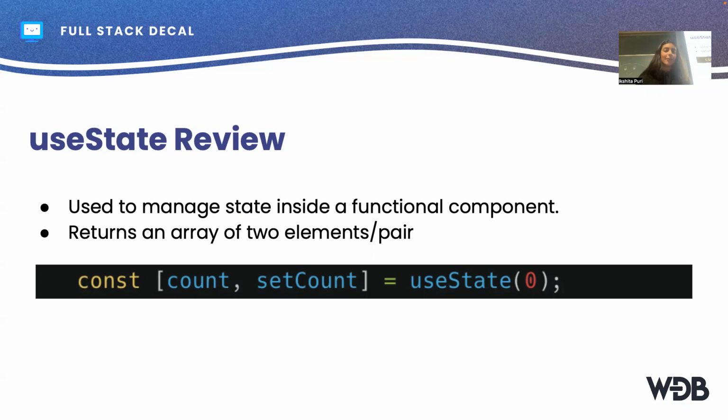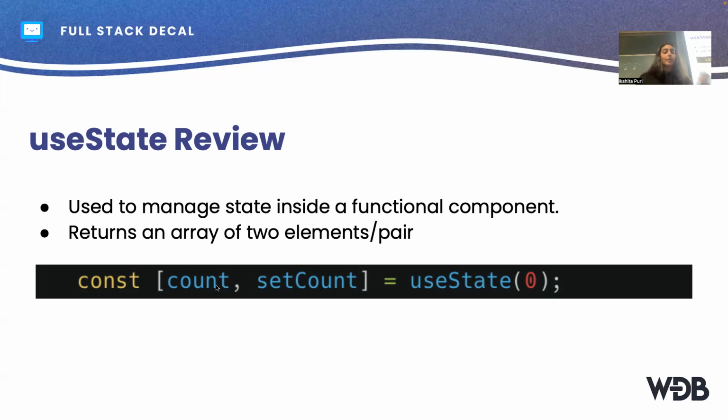So going over it again, it's basically used to manage some sort of state inside your component. It can be used sort of like a memory for your functional component. So use state returns an array of 2 elements called a pair. In this block of code, we're destructuring the array, and the first element returned from use state is stored in the variable count.